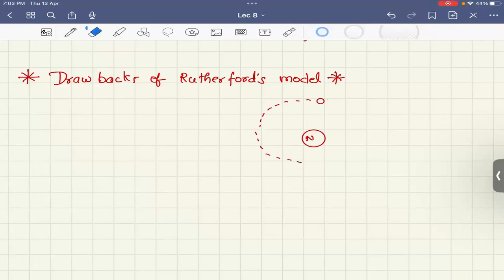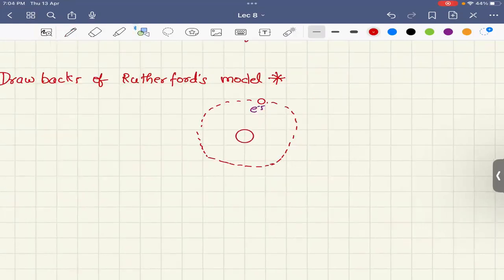So in this model, the electrons were revolving around the nucleus in this direction.